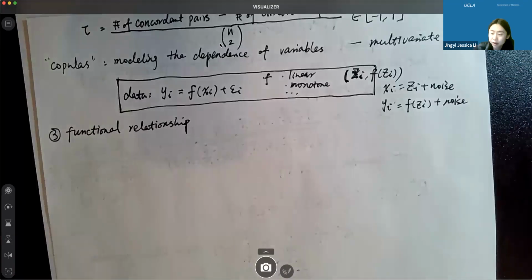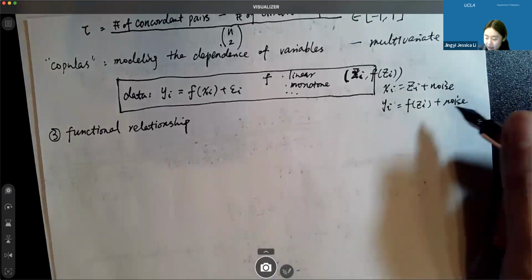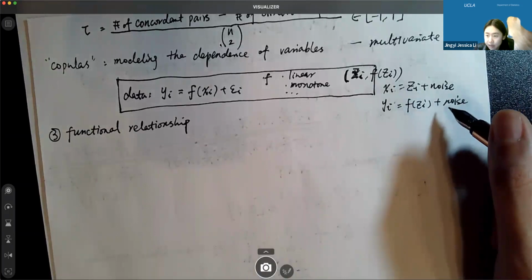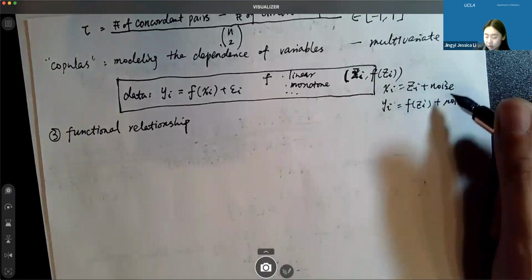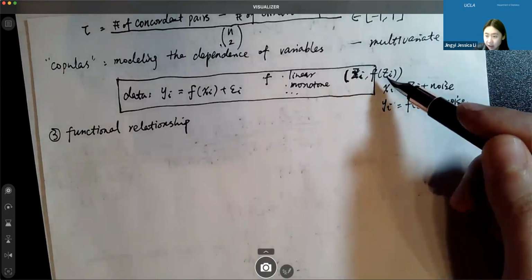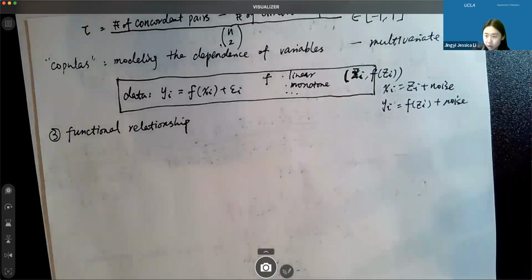But f is the truth. So you want to recover the truth from the data. And also the measure is about the relative strength of the truth in relation to the noise. So basically, if there's no noise, completely clean, you just observe zi and f of zi, and you want the measure to give you an absolute value of 1.